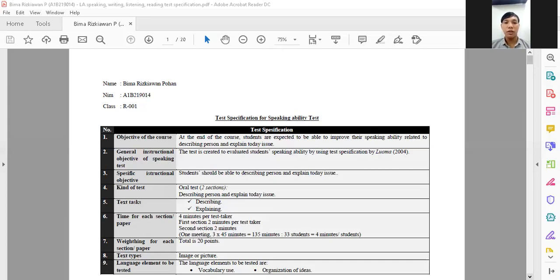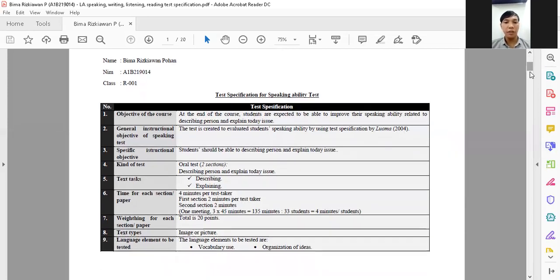Weighting for each section or paper, the total is 20 points, and the text types are images or pictures. The language elements to be tested are vocabulary use and organization of ideas.